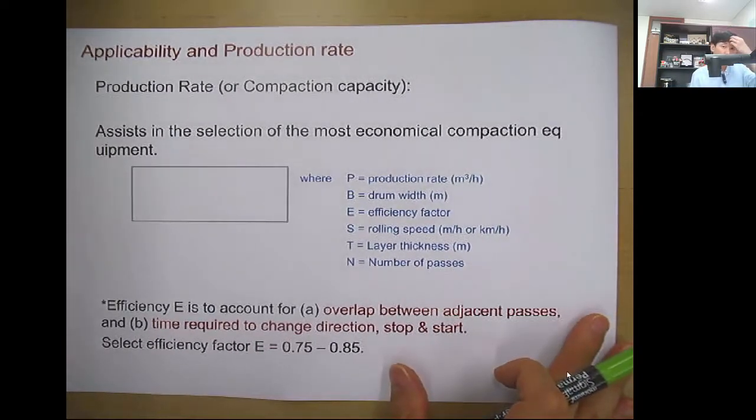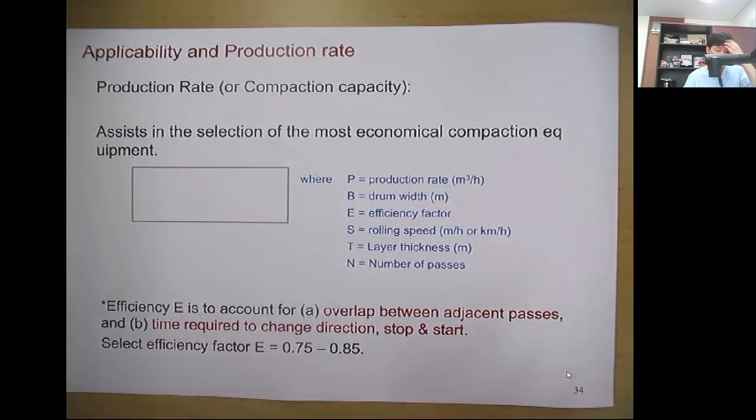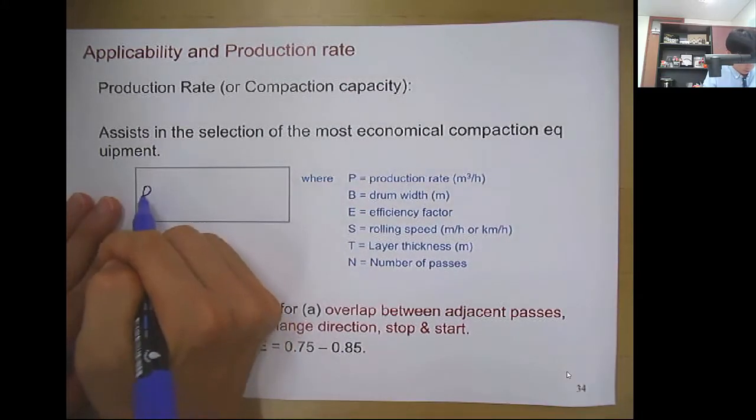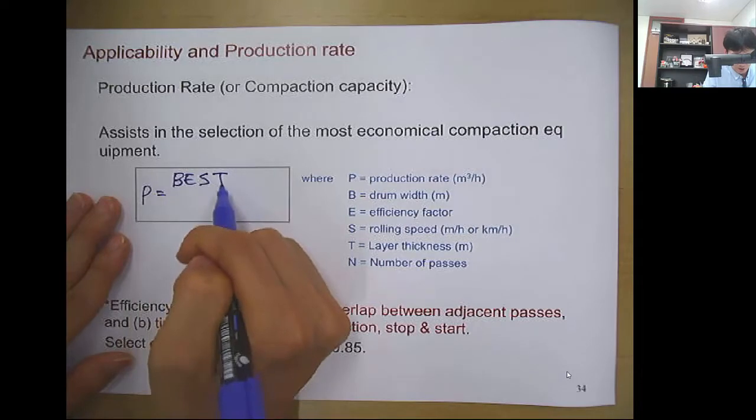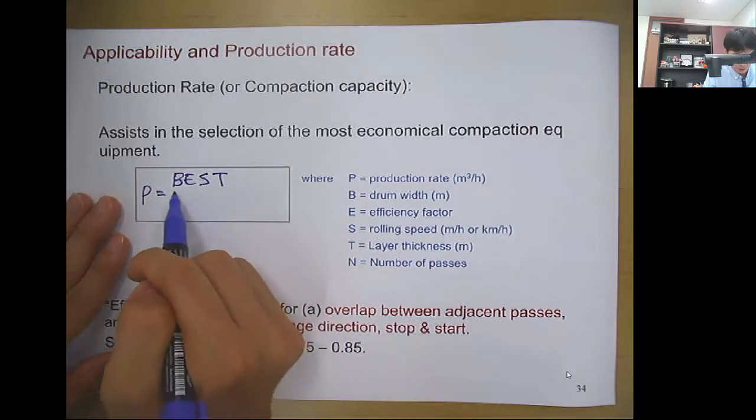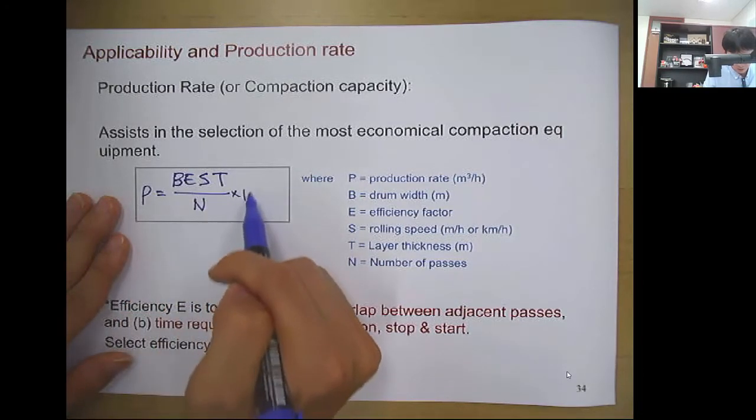And the production rate or compaction capacity can be calculated very simply, and it assists in selection of the most economical compaction equipment. So the production rate P is defined as B times E times S times T over N times 100.